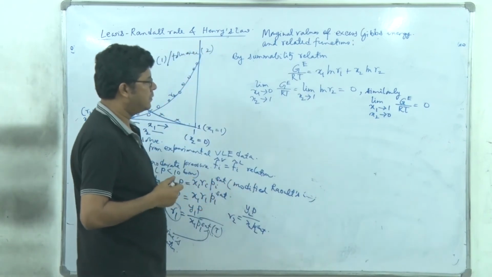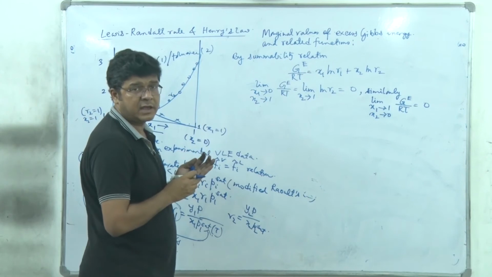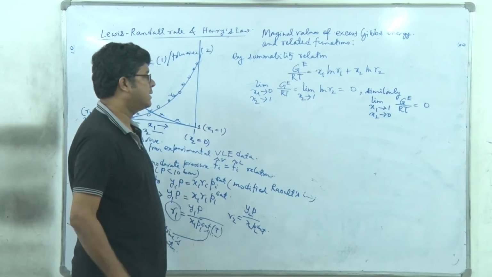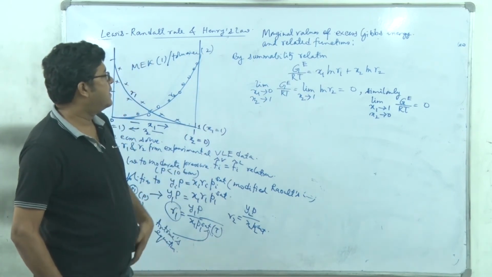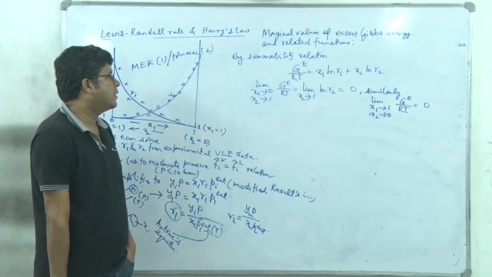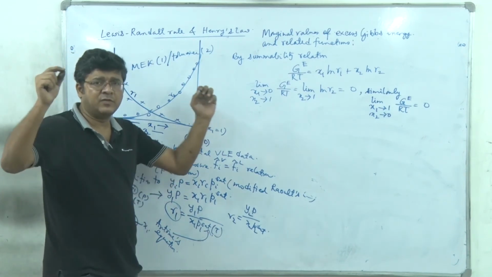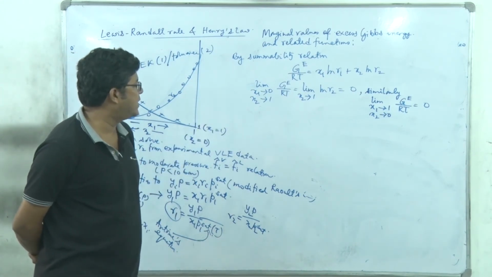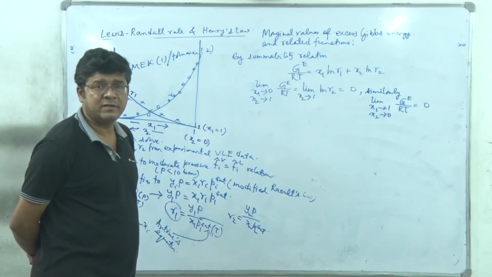So in the two extreme limits, if I am thinking regarding the tentative profile of GE by RT, or excess Gibbs energy function, you see that it's equal to 0 at the extreme values of the domain, x1 equal to 0 and x1 equal to 1. Under this situation, G by RT vanishes.